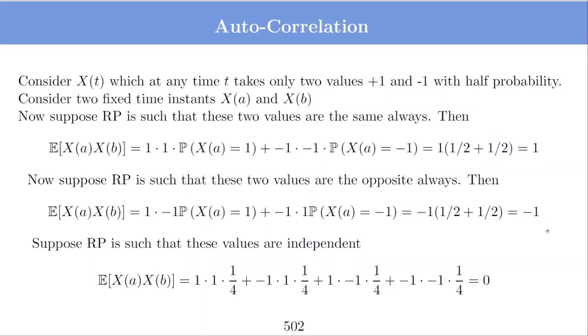The product will be 1 with 1/4 probability, -1 with 1/4 probability, -1 again with 1/4 probability, and +1 with 1/4 probability. If you compute the average, you will get 0. So it tells that when these are independent, you may get an autocorrelation that is a very small number, like 0.